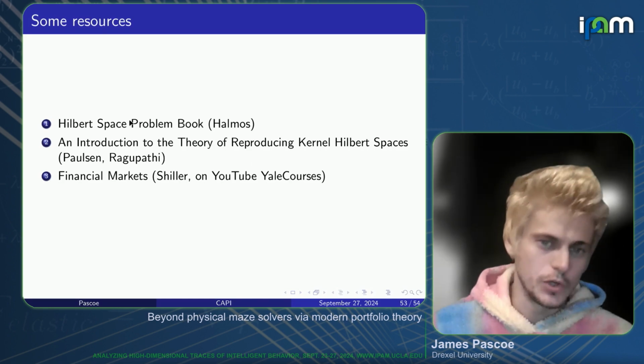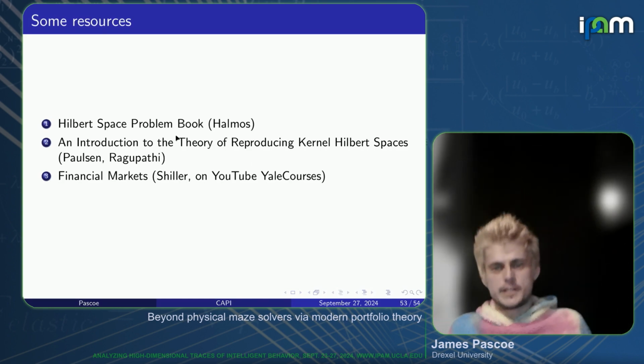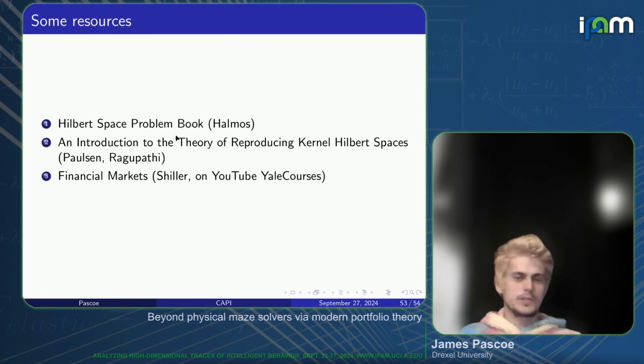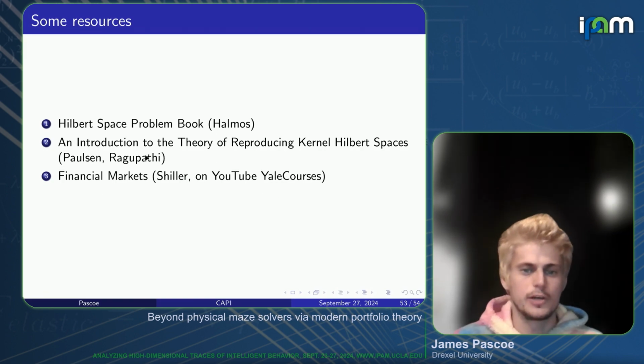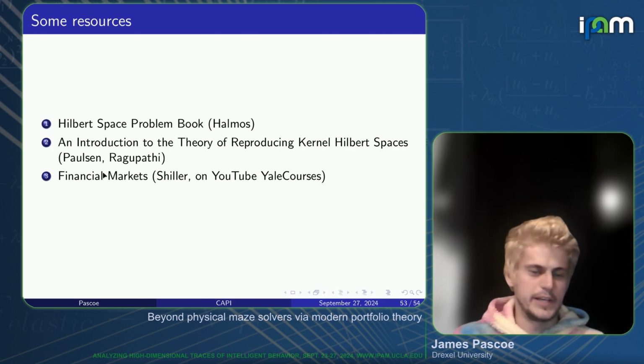There's a Hilbert space problem book by Halmos, which is basically like a puzzle book. An Introduction to the Theory of Reproducing Kernel Hilbert Spaces by Paulsen and Raghupathi is a beautiful work, and it's significantly shorter and can give you some quick and dirty stuff about nice extra geometric features of reproducing kernels. And there's also a nice sequence of talks by Schiller about financial markets.